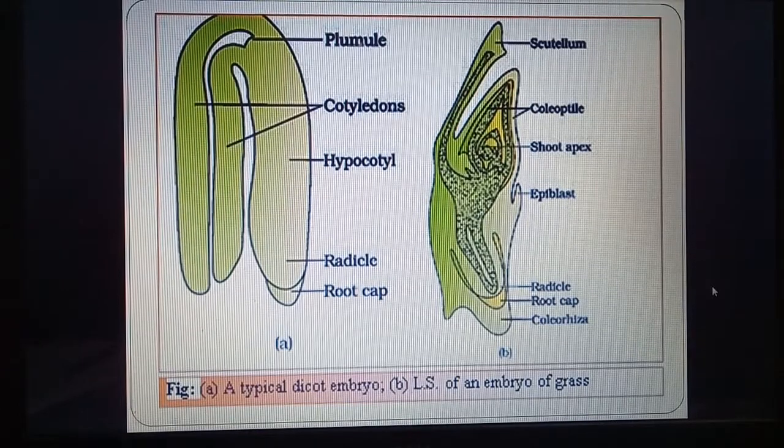So scutellum or single cotyledon, then shoot apex, radicle, root cap, coleorhiza which covers the root cap, and in the shoot apex we can see coleoptile. There is also a structure called epiblast. Epiblast actually represents a second cotyledon which is very small. It is not very well developed.